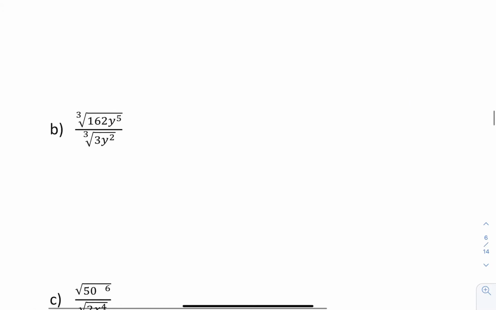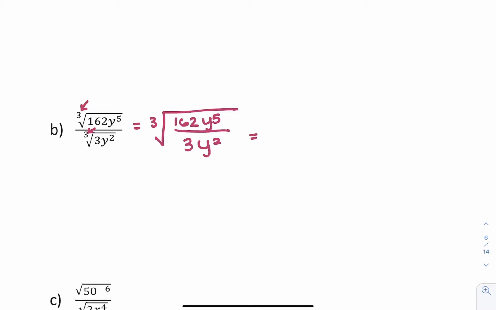In this next example, notice we have the same index of 3, so we are good to go to combine. We couldn't combine unless they had the same index. So this becomes 162y to the 5th over 3y squared. In the next step, we're going to divide. So 162 divided by 3 is 54. Y to the 5th divided by y squared, we subtract the exponents to get y cubed.